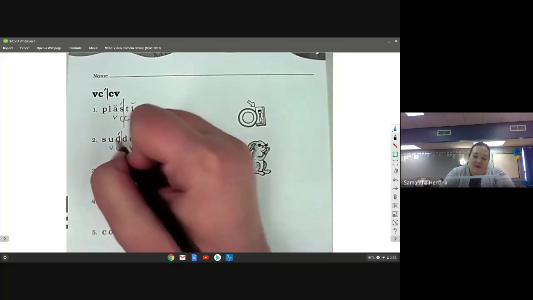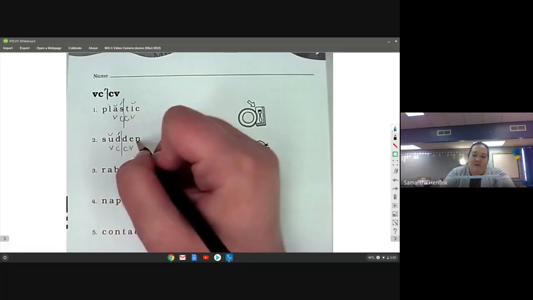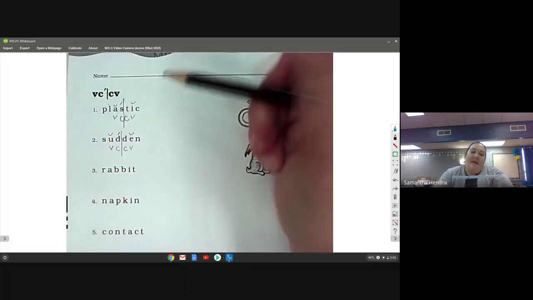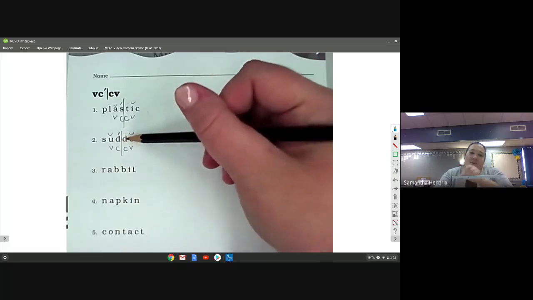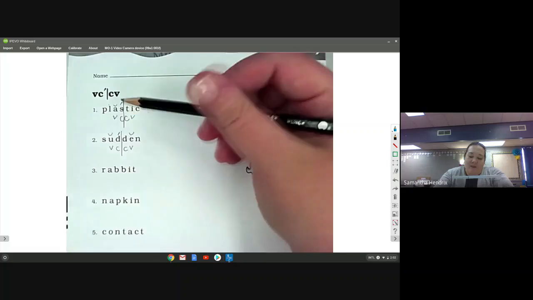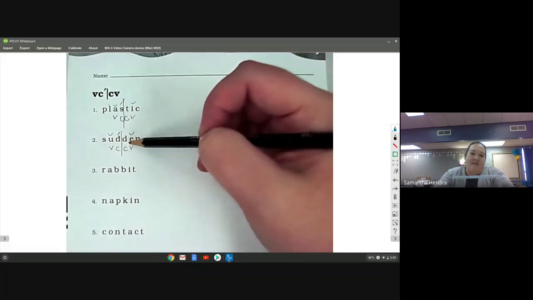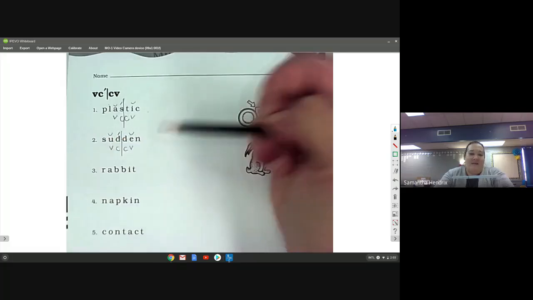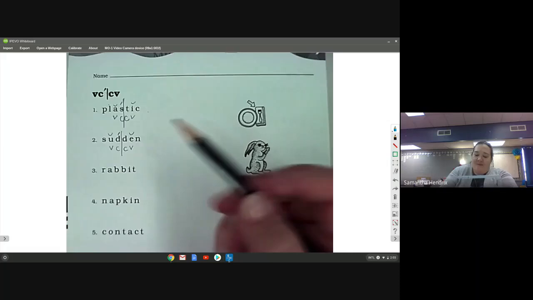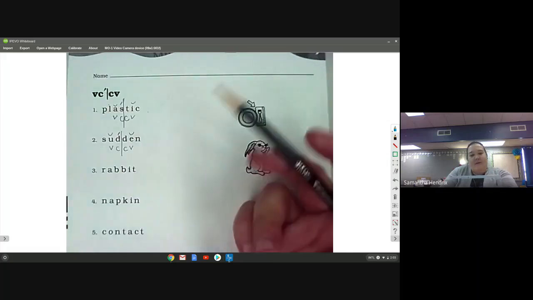Vowel followed by a consonant. Vowel followed by a consonant. Now I can pronounce this word. And remember, the double letters that are the same, the sound is just once. So sud, den, sudden, sudden. Okay?